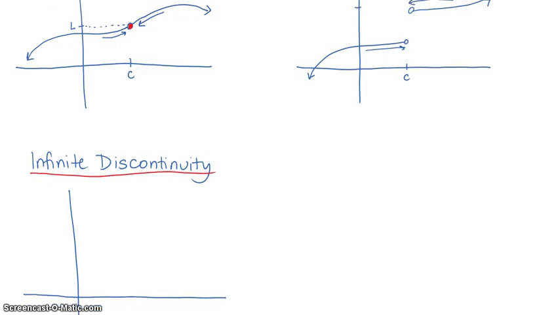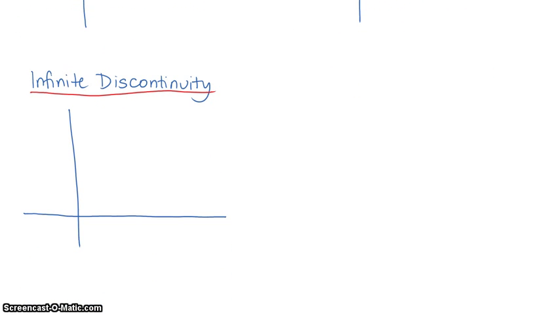Now, for infinite discontinuity, this one sounds pretty much, well, looks how it sounds. You have asymptotes. So, once you have an asymptote, we know it's not going to be continuous because there is that point that cannot exist. So if I had something that went like this and went up to infinity and came down like this, theoretically the limit exists because the left-hand side and the right-hand side are both approaching infinity.